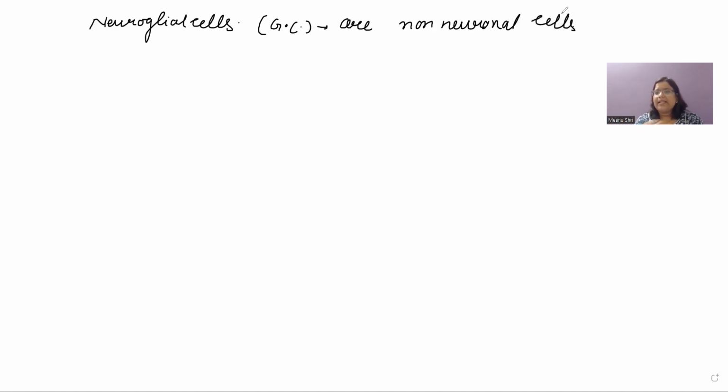Non-neuronal means they are not part of neurons, but they are associated with the neurons and they perform different types of functions. So they are non-neuronal cells of the nervous system.